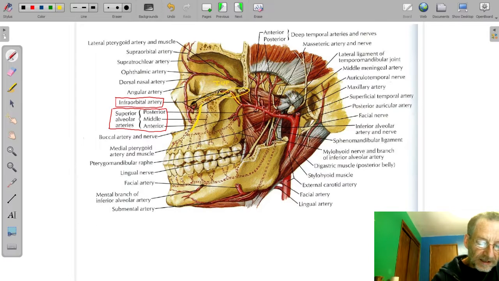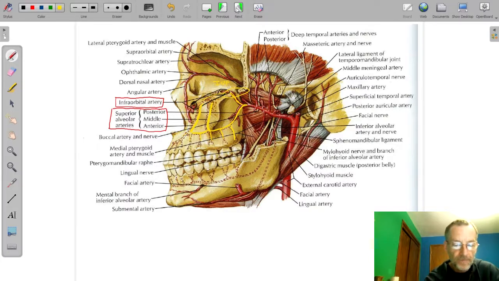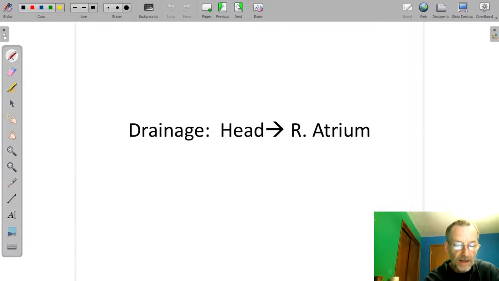Right, there's the ASA and the MSA, and they form these anastomoses and then supply the teeth. So we're pressurizing these blood vessel rings. And that was it.